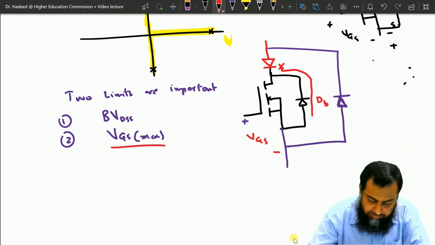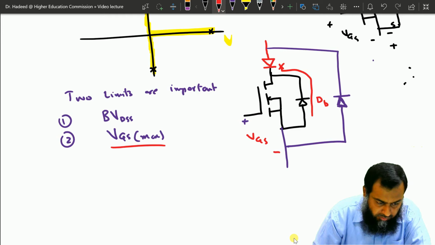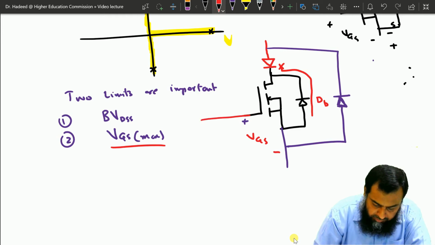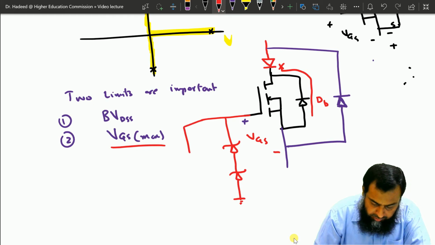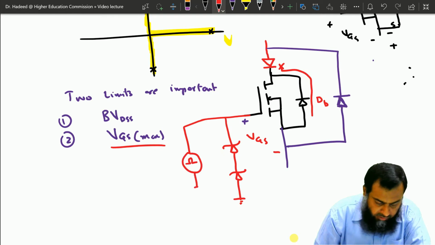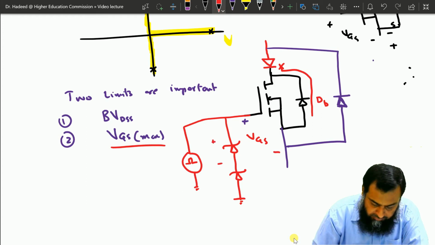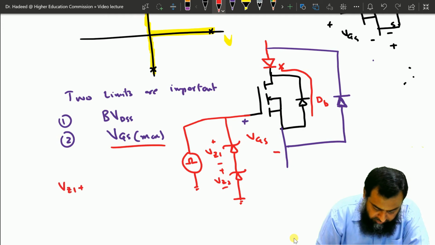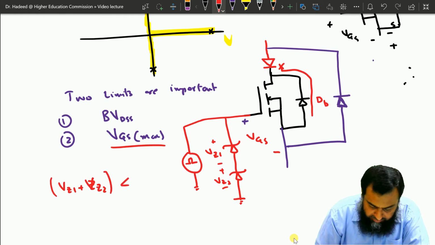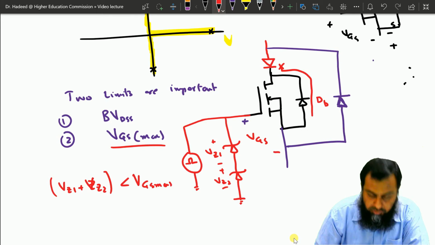This can be done by a very simple circuit. For a particular MOSFET, we connect a Zener diode in parallel with the gate to source, and here we have the switching signal that is applied. So Zener protection is applied such that we have VZ1 and VZ2, such that the Zener voltage sum VZ1 plus VZ2 is always set less than the maximum gate to source voltage.